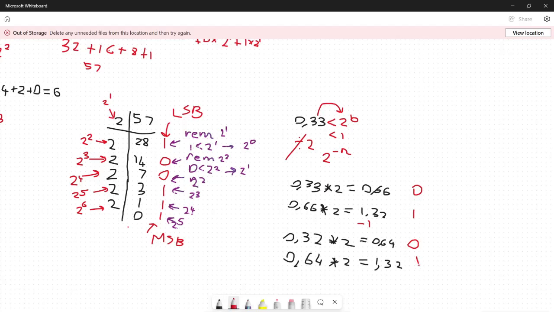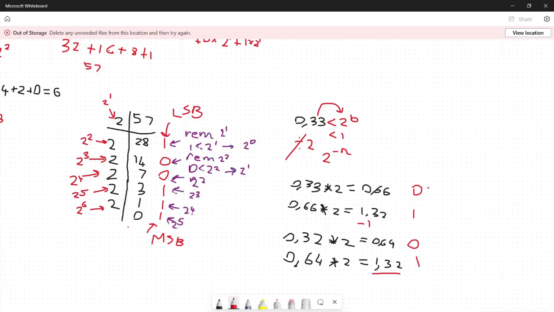Now, this can go on and on until we reach 1. Until this number here equals 1, you can keep going. So what it's best to do is stop at a certain number of digits. I'm going to stop here at 4 digits.